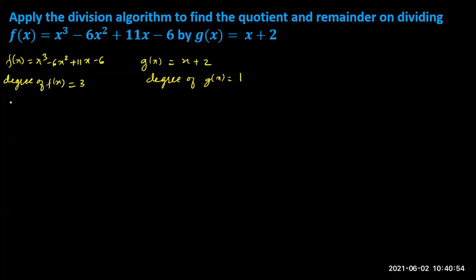And then afterwards, we need to calculate the quotient. So what is the degree of q of x? 2, sir. How? 3 minus 1, that is 2. Yes, correct. And what is the degree of r of x?